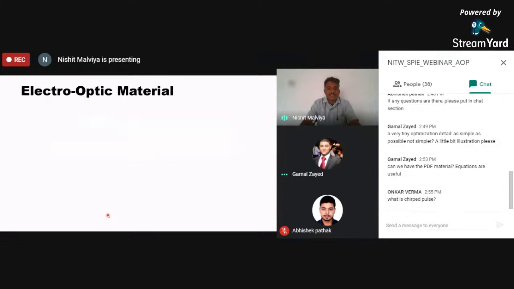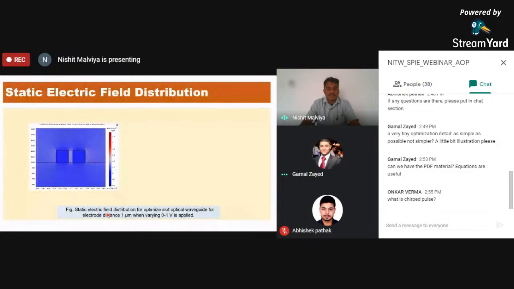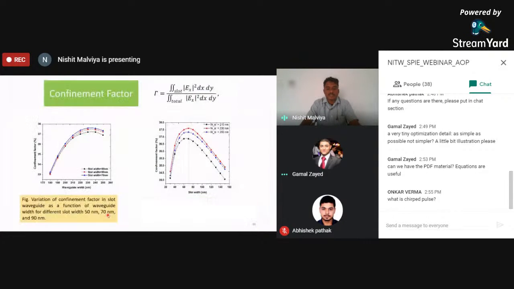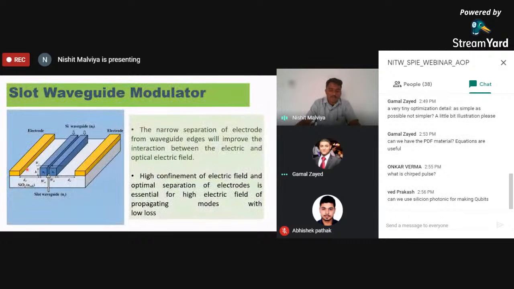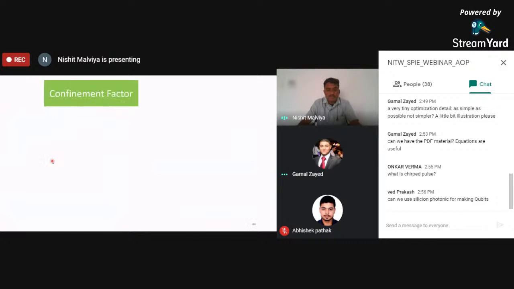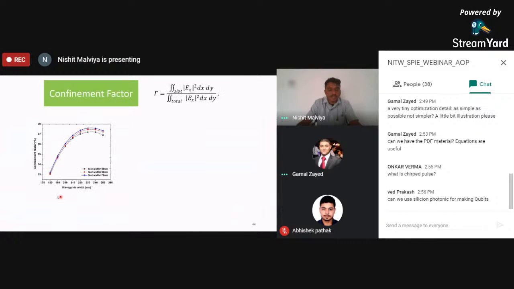In the previous part, I solved this optimization problem. First of all, I have to optimize this structure, so for that purpose I divide my problem. First, I fix the slot waveguide width, increase the waveguide width, and find the confinement factor.